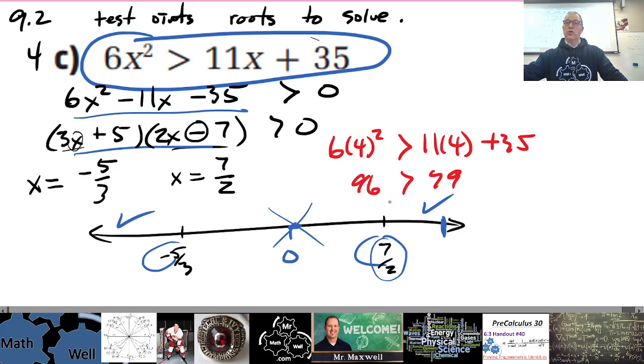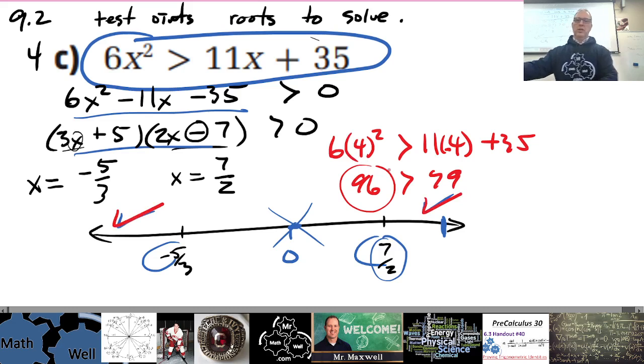Does that look true? Yep. If this was negative 4, this would still be 96, but the other side would maybe be a negative number, so it's still going to be larger. So it's going to be good over here too. You could check both sides, but you don't even really have to.